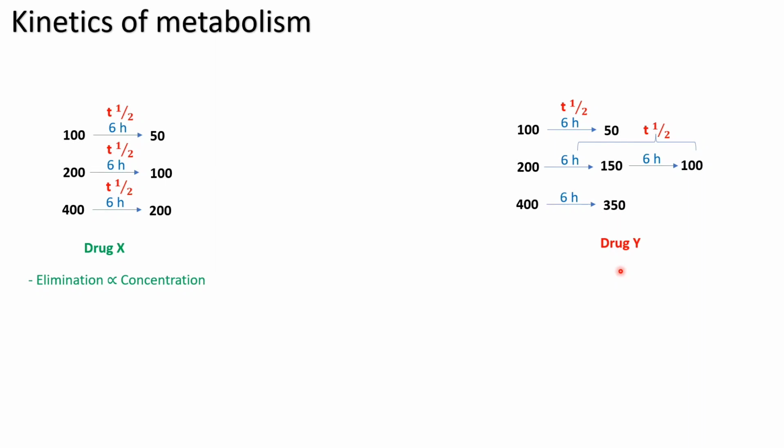While for drug Y, the elimination rate is constant. We have constant elimination rate. Whatever the concentration is, we always eliminate 50 milligrams every 6 hours, even if we increase the concentration. Okay? Now, for what drug the T-half is variable?